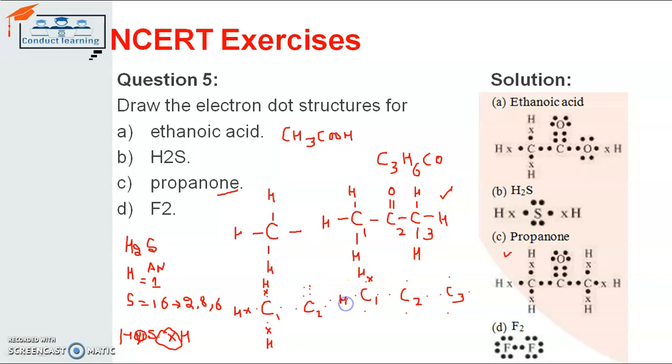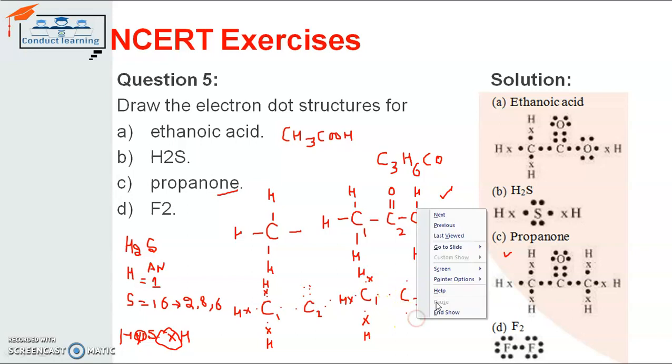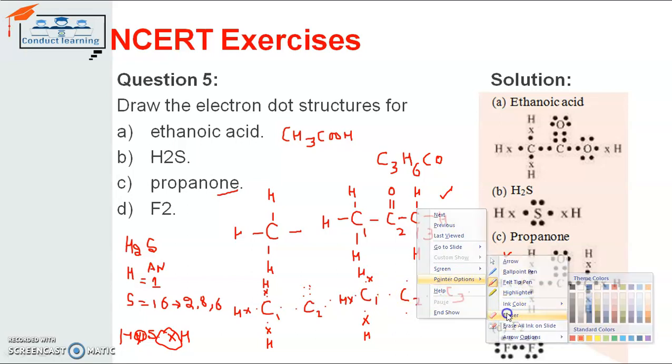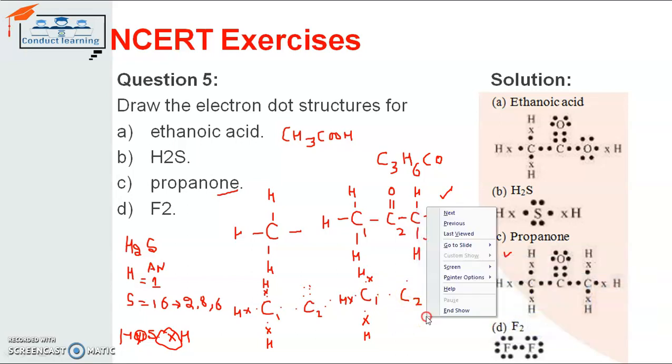This hydrogen atom will share its 1 electron with C1, represented by a cross. This hydrogen atom also shares 1 electron with C1. C1 shares one of its electrons with C2 also, so that's why the dot-cross pair will be there. Otherwise, this center C2 will not share any electron on the bottom side.